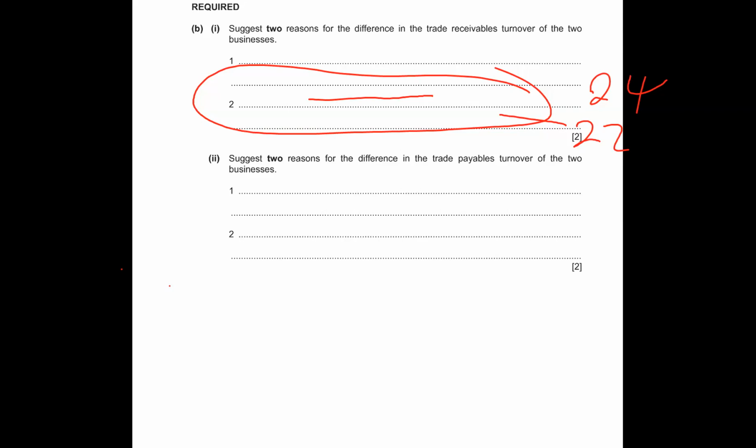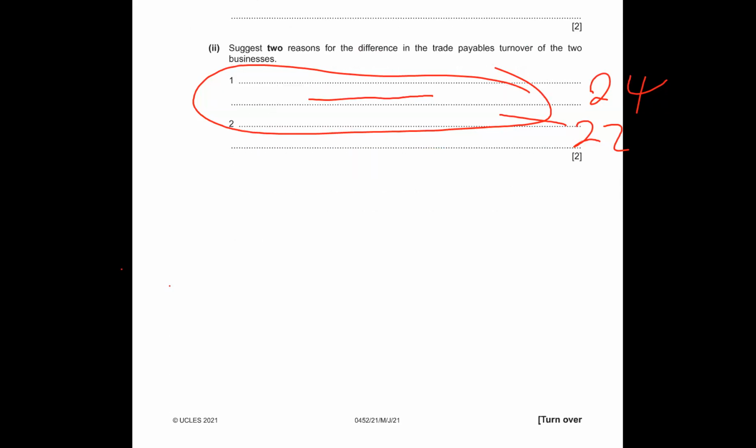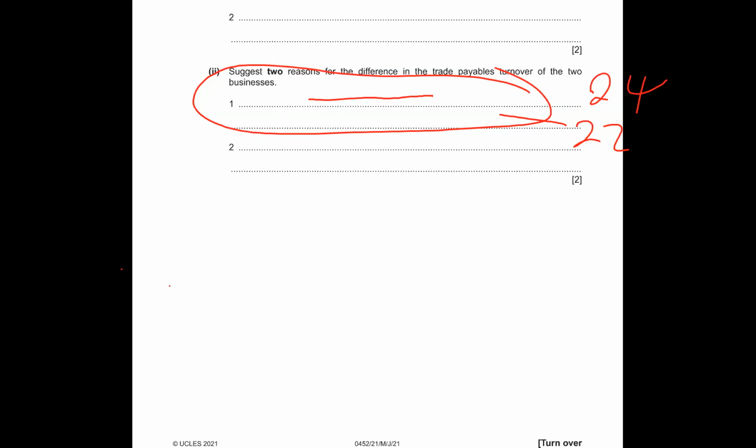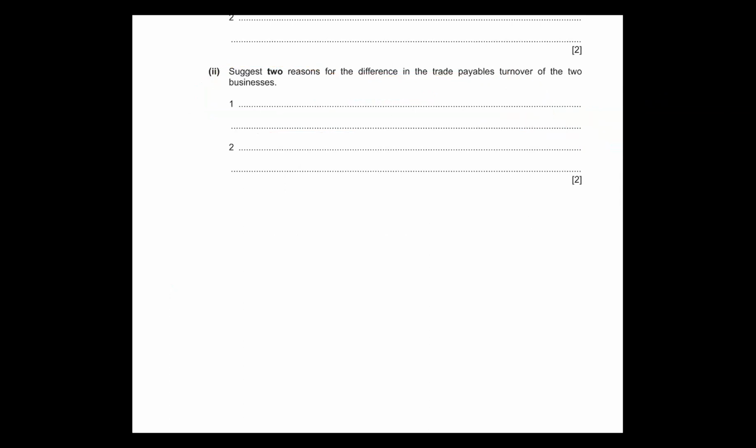And we can still say that the suppliers offer cash discount for quick or prompt payment, among others, and the credit customers pay more quickly for that. So those could lead to the differences in the payables and receivables. Okay.